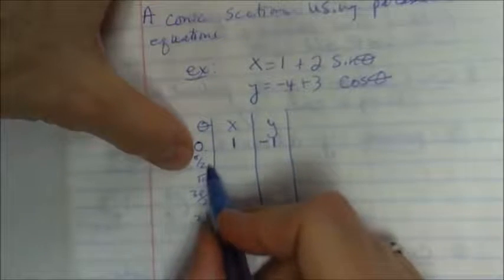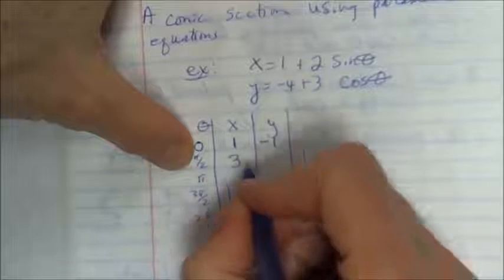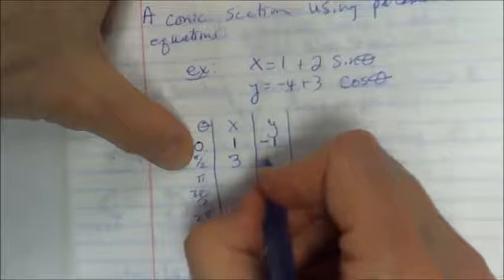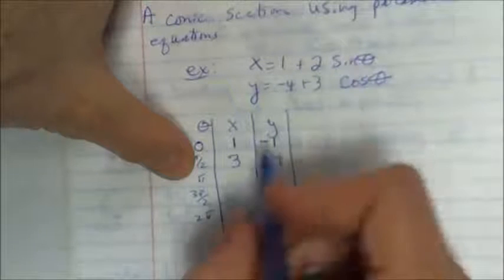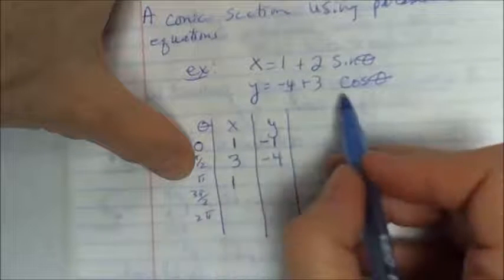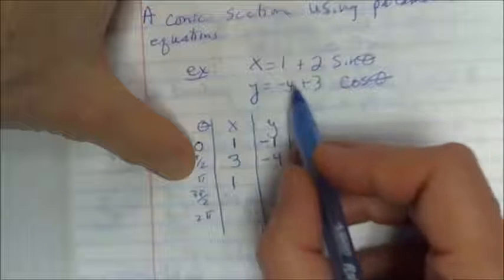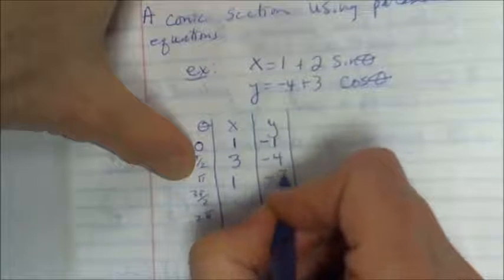When theta equals pi over 2, sine of pi over 2 is 1, and 1 plus 2 is 3. Cosine of pi over 2 is 0, so we have negative 4 plus 0. When you plug in pi, sine of pi is 0, so you have 1 again. And the cosine of pi is equal to negative 1, so this would be negative 4 minus 3, which is negative 7.